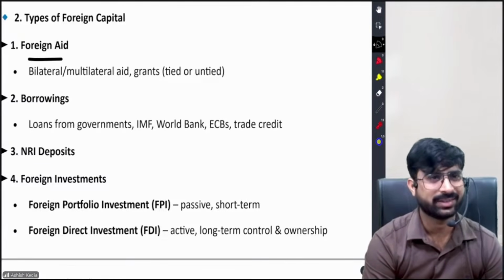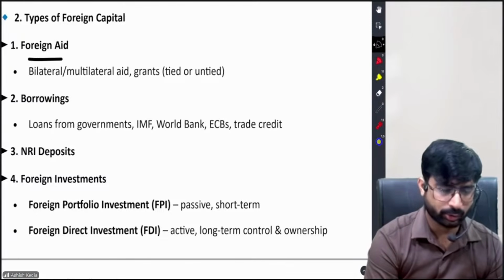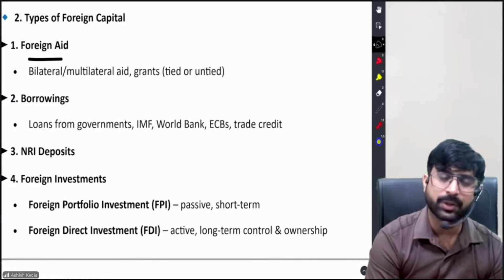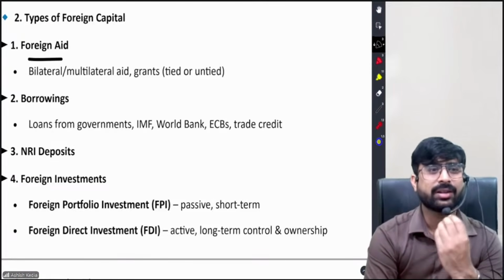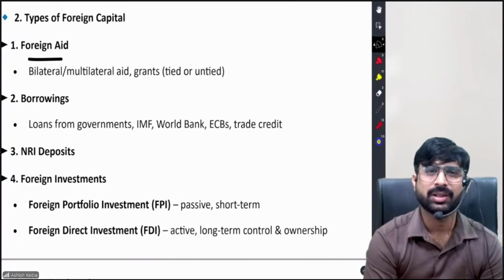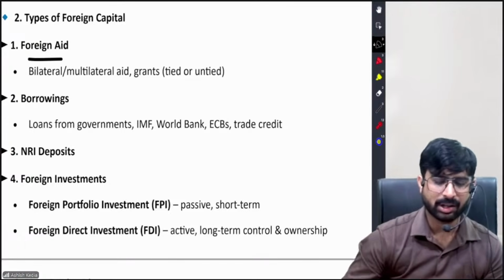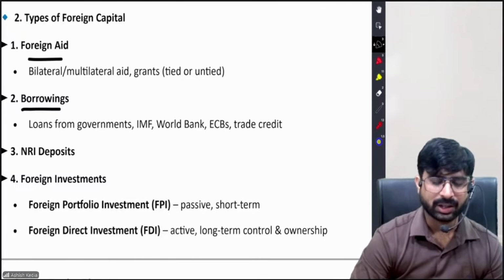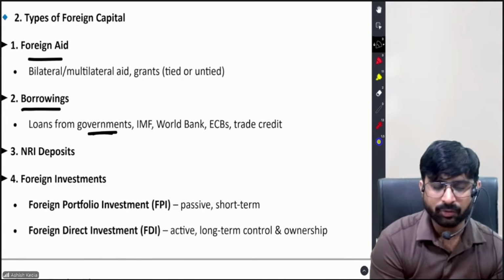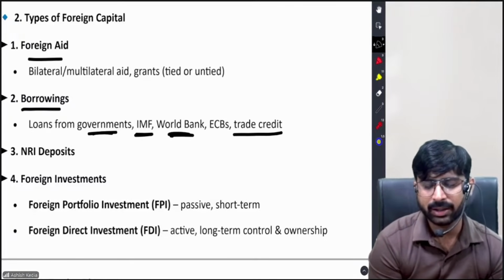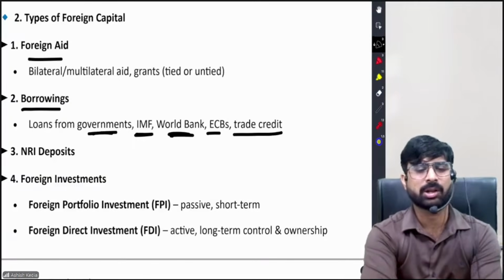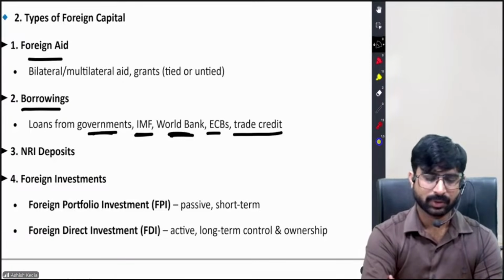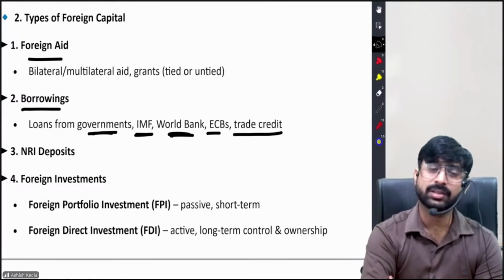That is aid. So the first type of foreign capital is foreign aid, where money goes to help that person. Second, borrowings. It is a setup in which loans are taken from governments, IMF, World Bank, trade credit, external commercial borrowings, etc. These are borrowings.